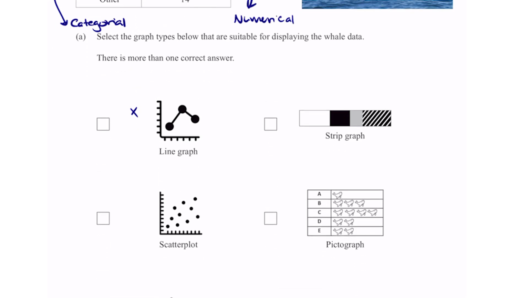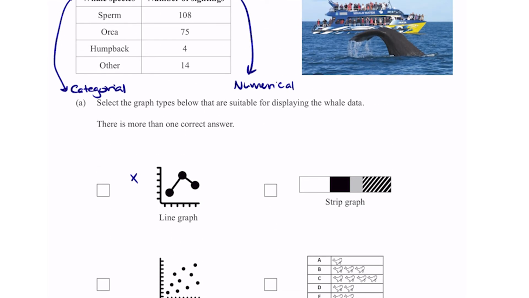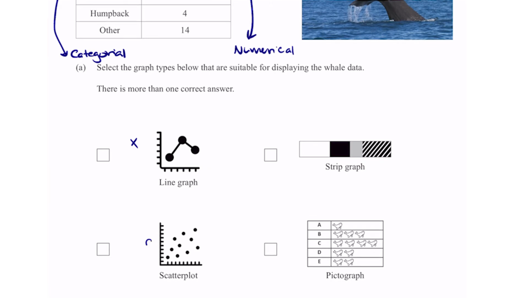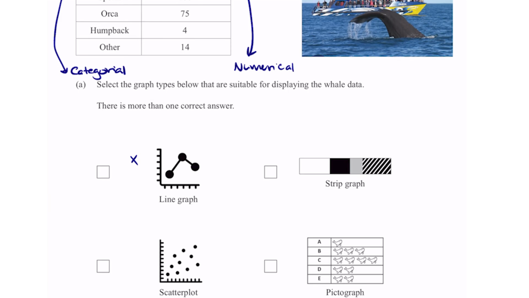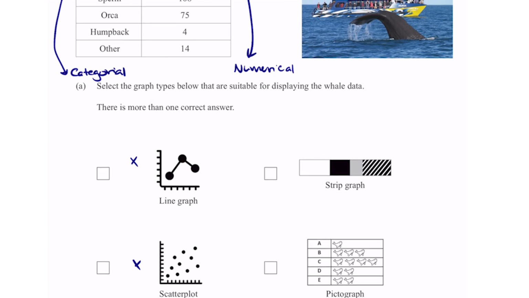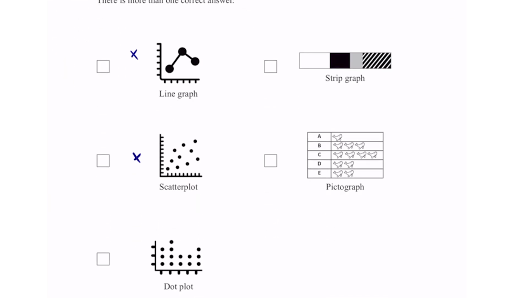What about a scatter plot? Well, a scatter plot compares two numerical variables, for example height and width, or body weight and height. We've got one numerical but one categorical, so it's definitely not this either. Now, what about a dot plot?